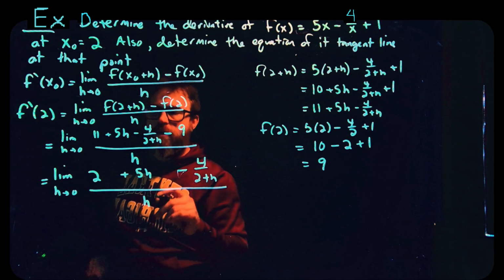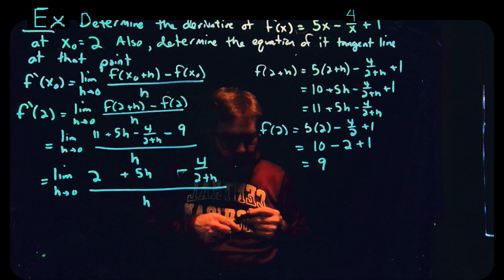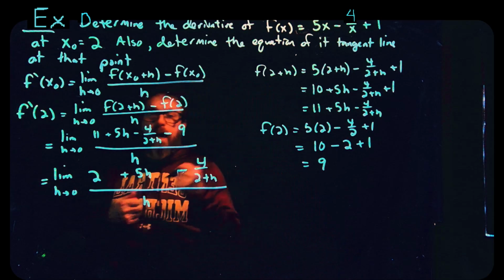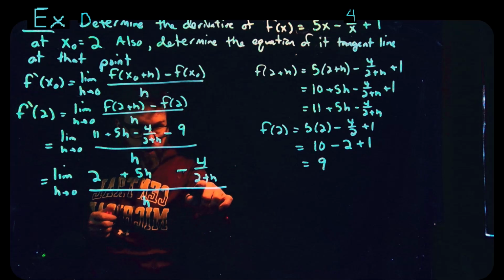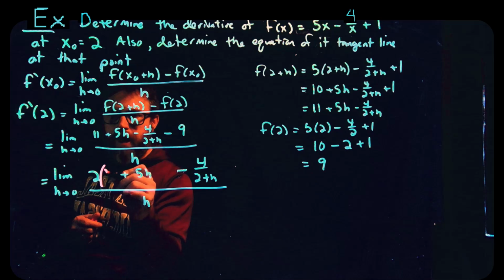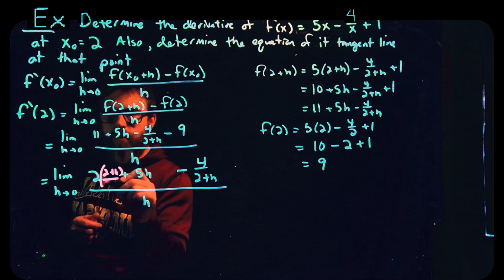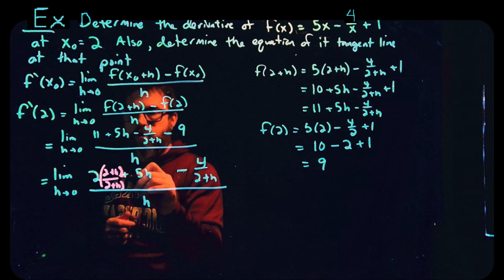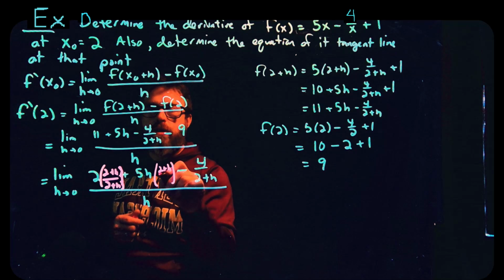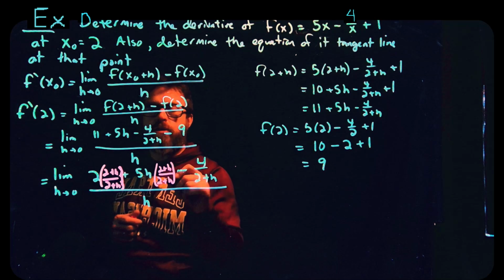I left myself some room here because I know I'm going to have to combine these rationals, and in order to do that, they have to have the same denominator, this 2 plus h. So I'm going to multiply this 2 by (2 + h)/(2 + h). So top and bottom by the same thing. Similar here, this is going to be (2 + h)/(2 + h).